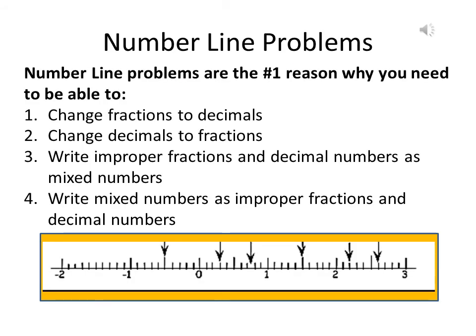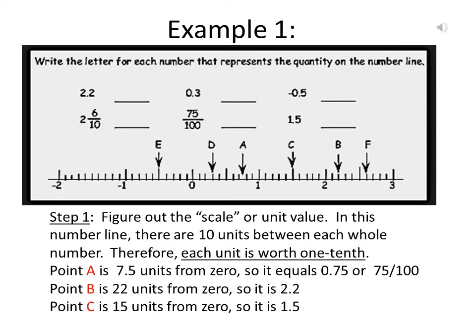Number line problems are the number one reason why you need to be able to change fractions to decimals, change decimals to fractions, write improper fractions and decimal numbers as mixed numbers, and write mixed numbers as improper fractions and decimal numbers.